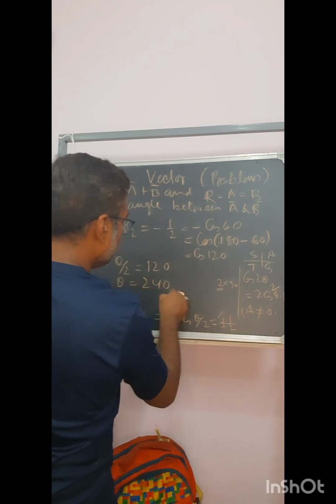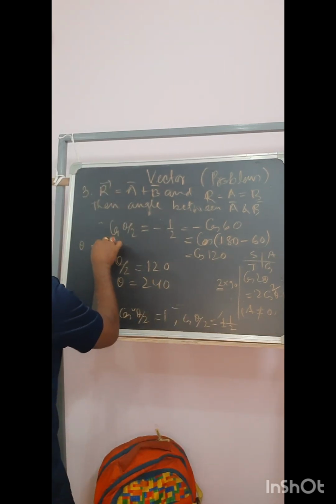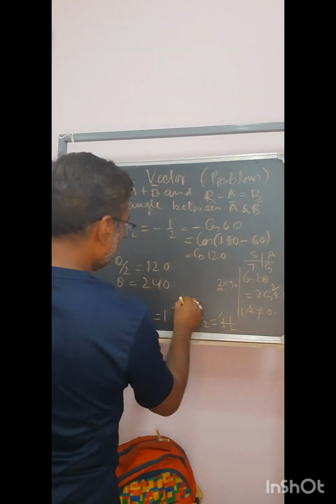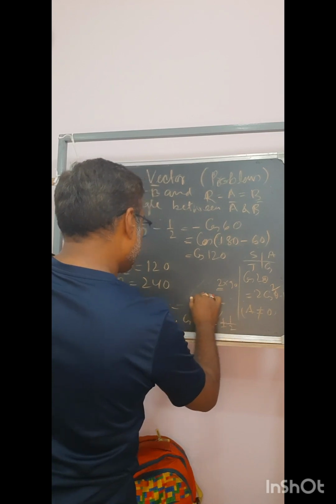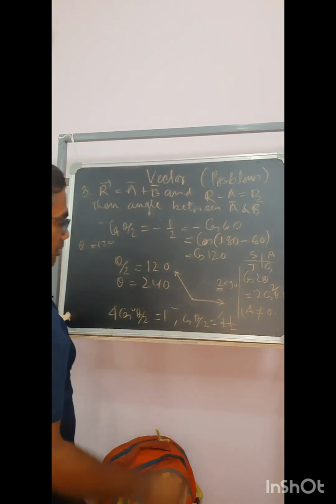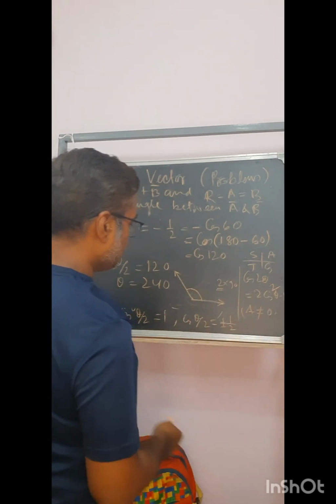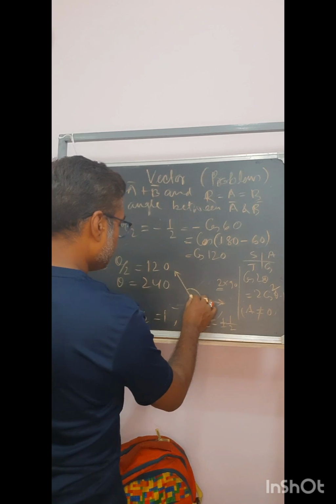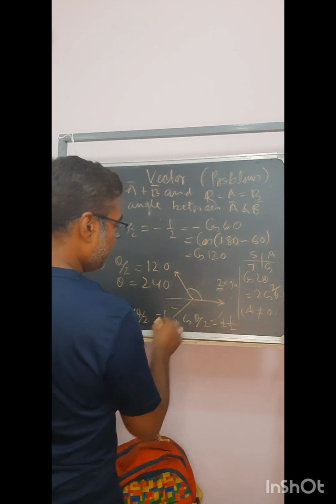Now whether this 240 implies the same, because the earlier answer was 120. We know any two vectors acting from the same point always take the minimum angle between them, that is already learned. For 240, if it is 120, the 240 will be somewhere here.